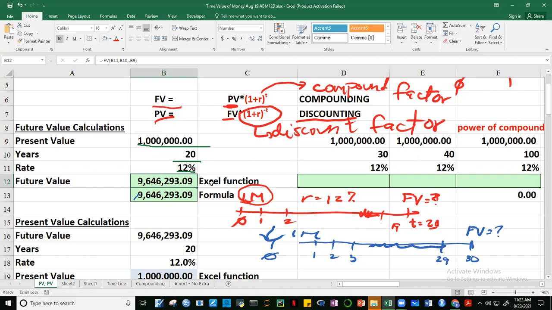Okay, so the equivalent is 9.64 million. So once again, I'd like to reinforce that we are indifferent to 1 million now and 9.646 million 20 years down the road at 12%. Okay, clear ba yun guys?